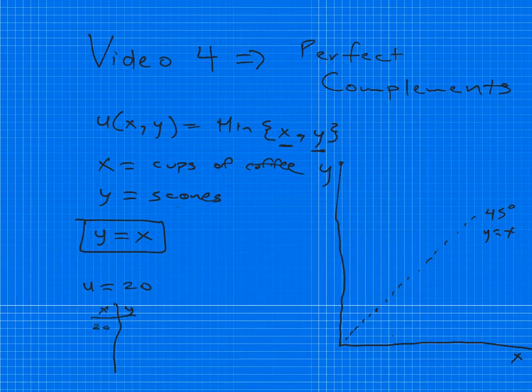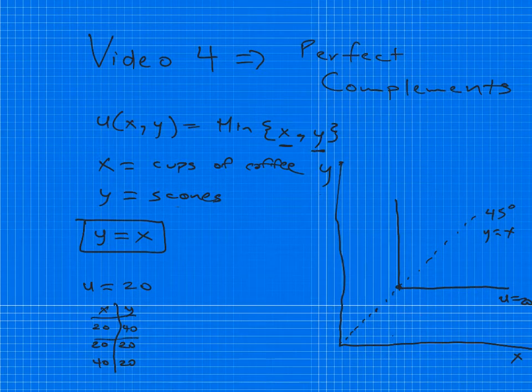So if we had 20 and 40, the smaller of those two, or the minimum of those two, would be 20, because x is 20 and y is 40. So there are three different points that we might want to locate on our indifference curve. And so there's our u equal to 20 indifference curve.